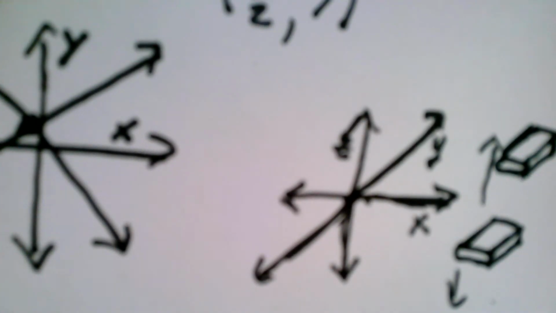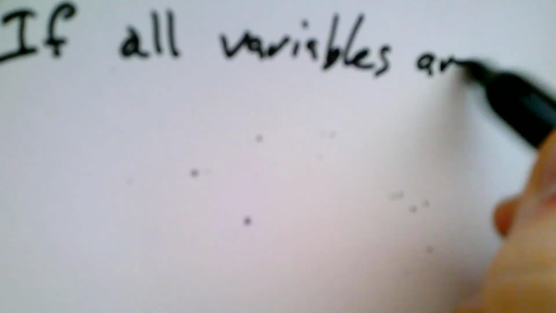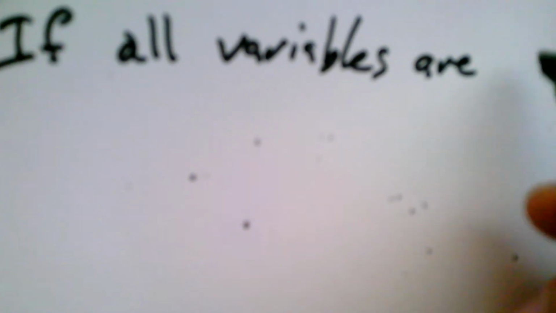Okay, so we have this, and well, what does it mean to be linear when you have more than two variables? Well, turns out the nice generalization of linear is going to be if all variables are raised to the first power only.